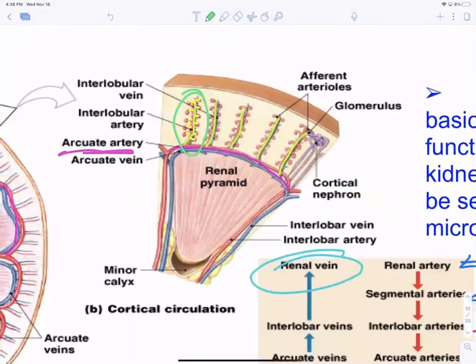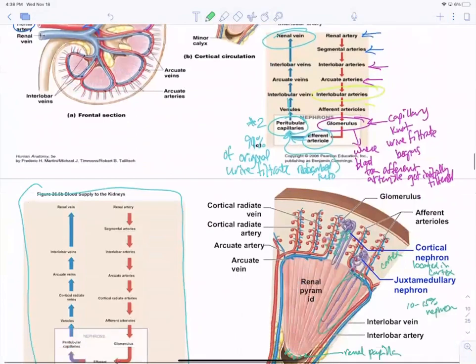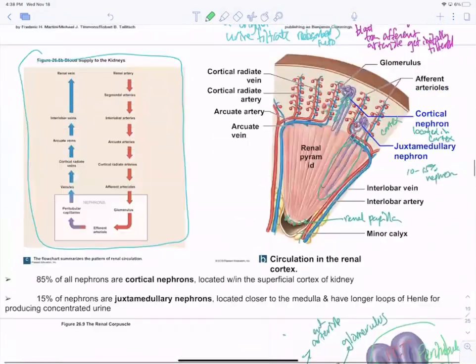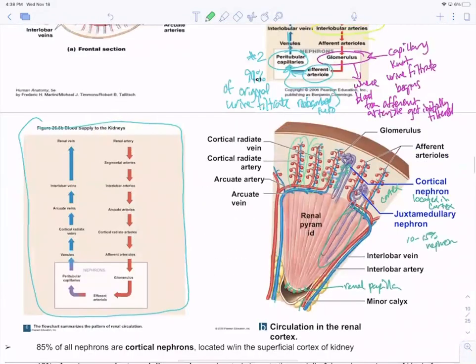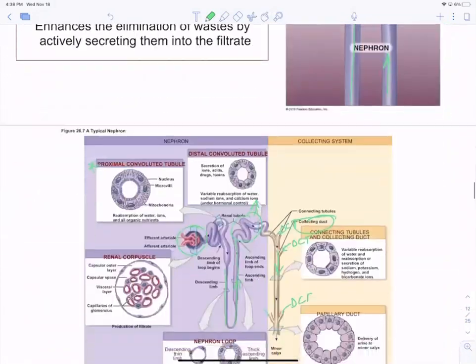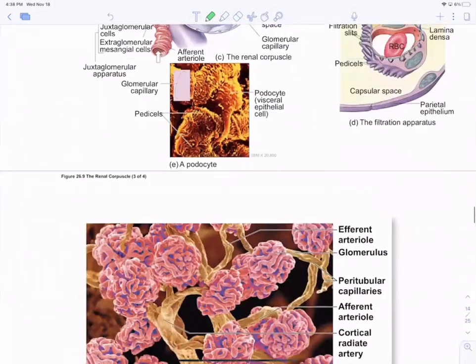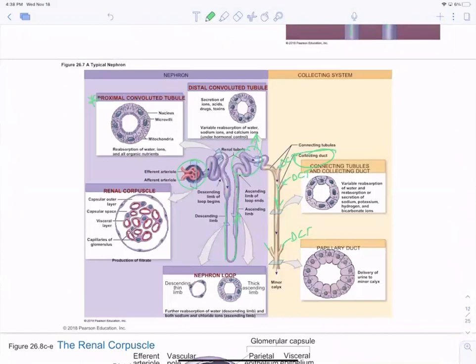So you have all these individual tiny little filtrate systems. Here it kind of shows it. So you have a lot of little distal convoluted tubules merging into a collecting duct, and the collecting duct opens up. This is the renal papilla, the hole in which the urine filtrate then drains into the minor calyx.